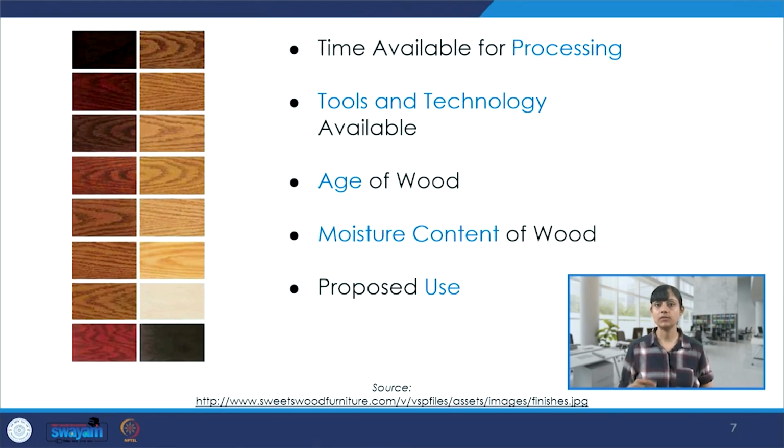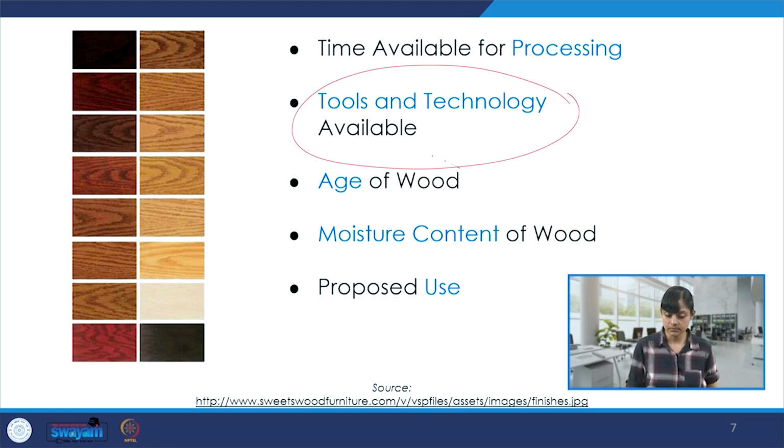And then, what is the time available for processing? What are the stages of processing that have been incorporated? And what are the tools and technology that are available while working on these different kinds of woods? And what are we specifically employing for the projects that we are working on as designers?